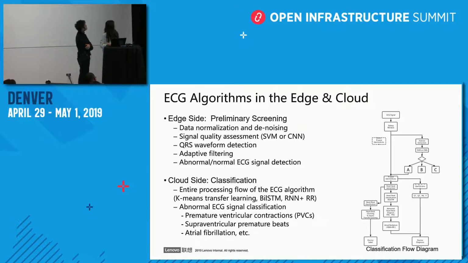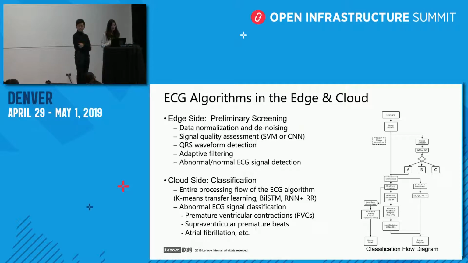And now let's see the ECG algorithms, which are used to predict and classify the heart disease. In the edge side, we have deep learning models to do preliminary screening. The edge side application enables data normalization and denoising, signal quality assessment, QRS waveform detection, adaptive filtering, abnormal and normal ECG signal detection.